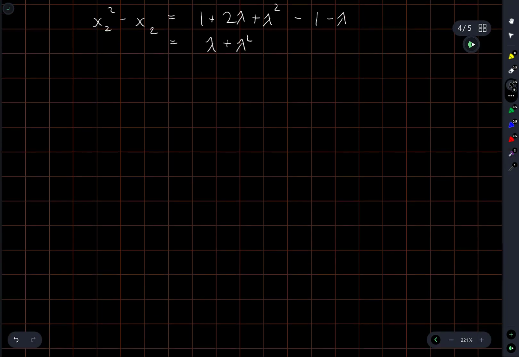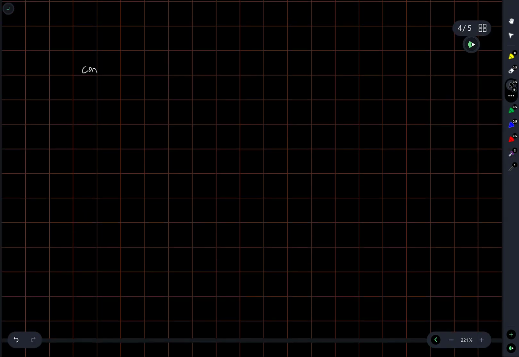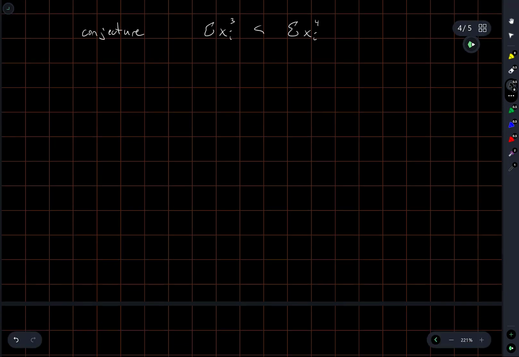So my conjecture here is that the fourth powers will be bigger. How do we show this?